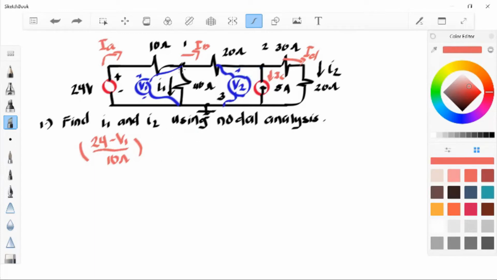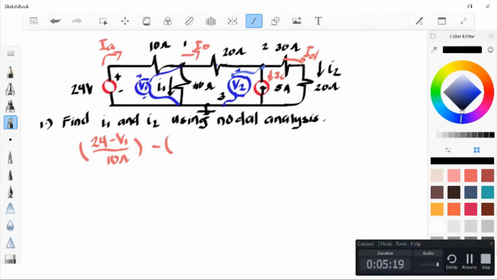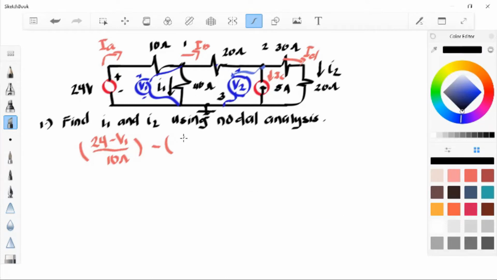IB is leaving node 1, so this is negative. What is IB? That is V1 minus V2, since V2 is actually connected here, over the resistance between them, which is 20 ohms.